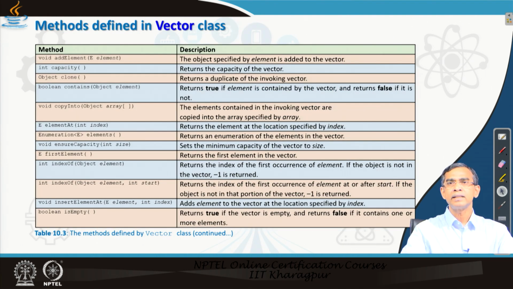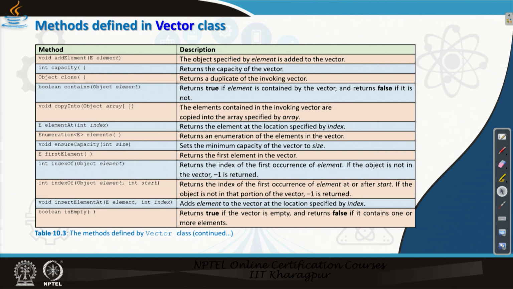Now, so far as methods are concerned, I again reiterate that all the methods are very similar to the methods we discussed in the context of the Java collection framework, in the Collection interface, like add element, capacity, then cloning. Cloning means you create a new array from the Vector. If you are given an array as an object, you can copy all these objects into a Vector collection.